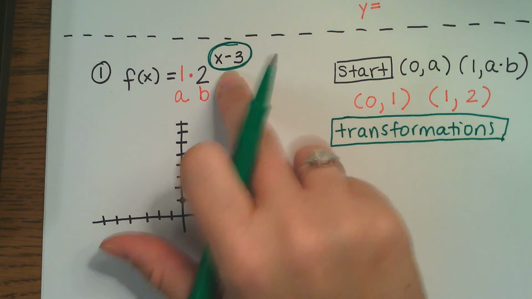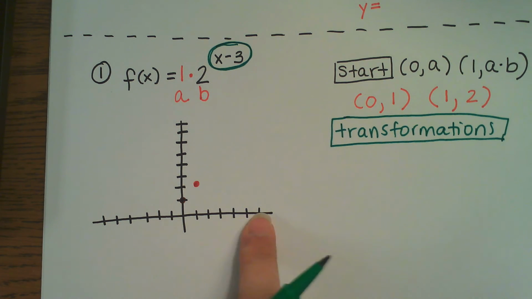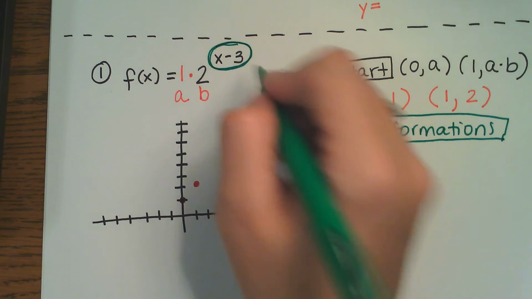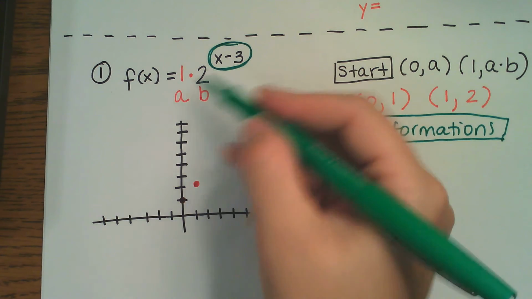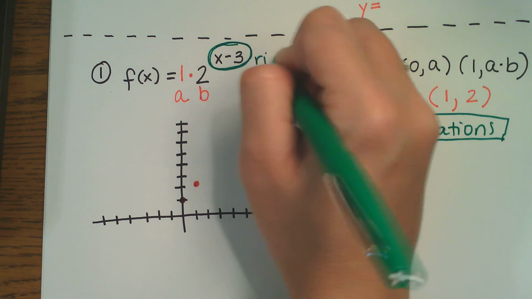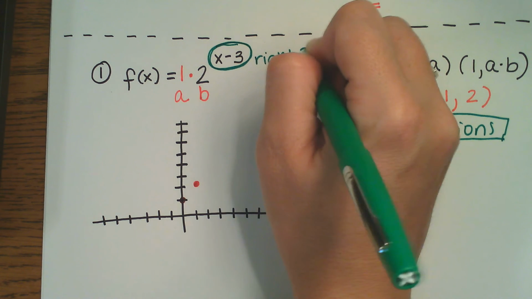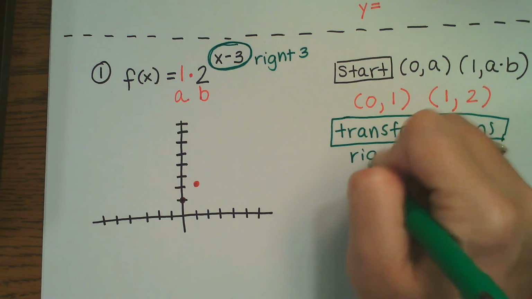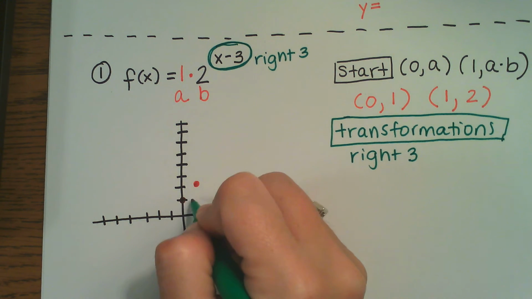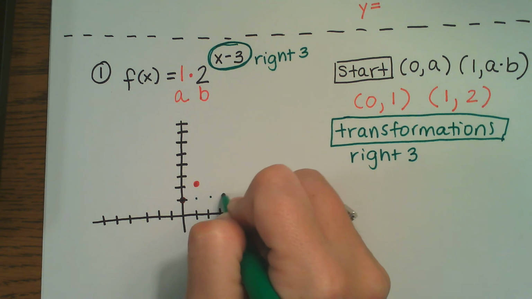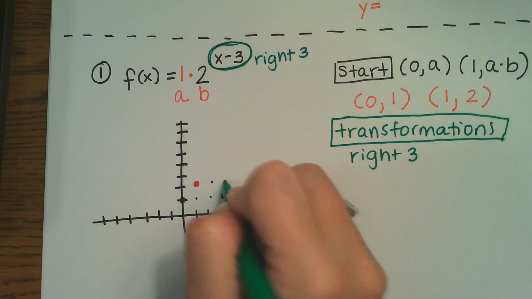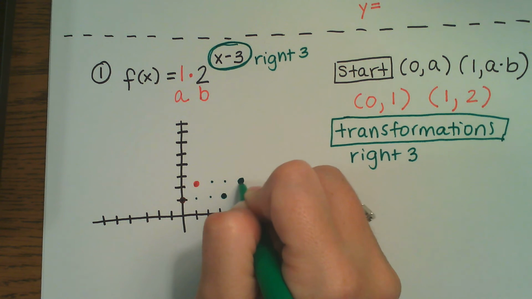Since it's with x, that tells me it's going to go along the x-axis, either left or right. -3 is actually going to go to the right 3. You would think left because it's negative, but it does the opposite. So we're going to go right 3 for each of those dots. So I'm going to go 1, 2, 3 to the right for that one, and 1, 2, 3 to the right for the other.